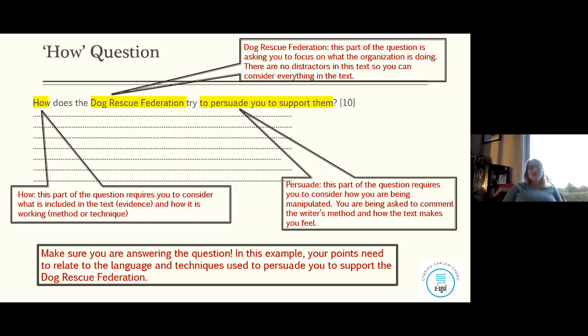Okay, so persuade, this part of the question requires you to consider how you're being manipulated. So when you look at this leaflet, you're asked to comment how the text makes you feel. So how are you being swayed to contribute to this charity? Okay, so again, make sure you're answering the question. In this example, your points need to relate to the language and techniques used to persuade you. Okay, so you as the reader, how is it making you want to donate to this charity?